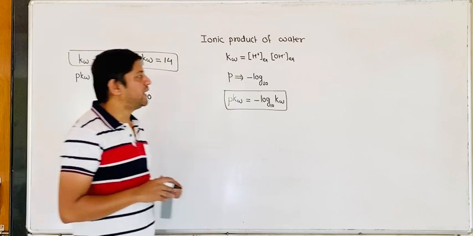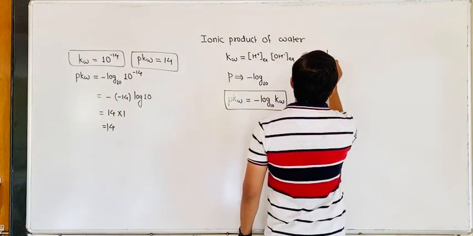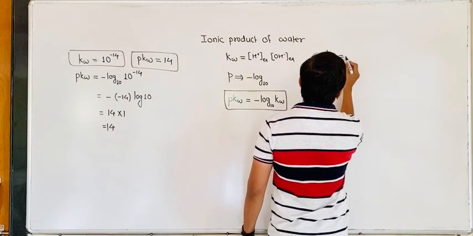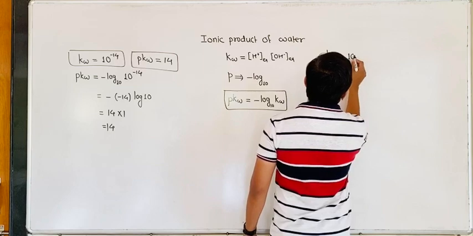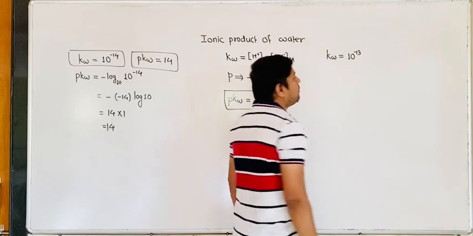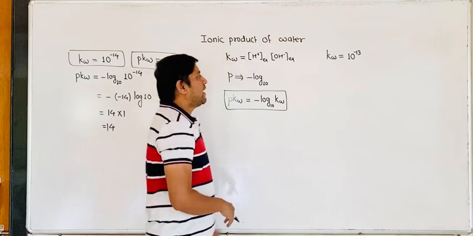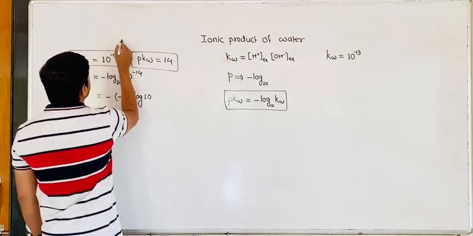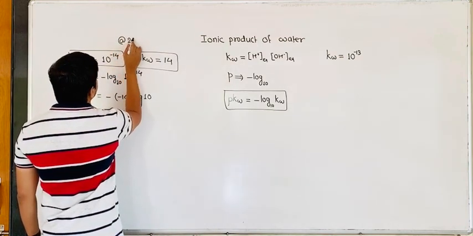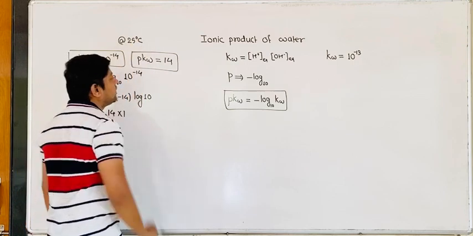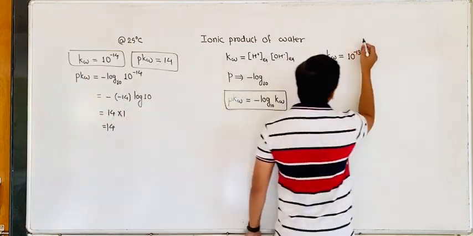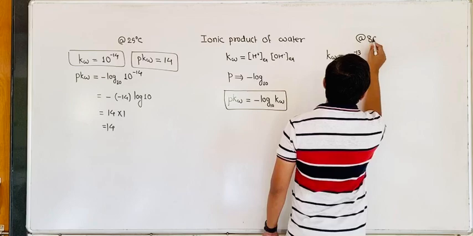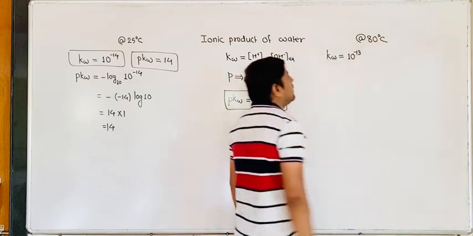Similarly, at 80 degrees Celsius, the value of Kw is 10 raised to minus 13. As temperature increases, the value of Kw also increases. This one is at 25 degrees Celsius and this one is at 80 degrees Celsius.